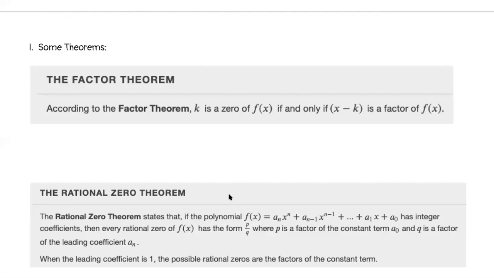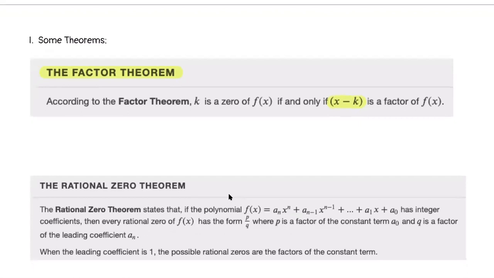All right, the first one we covered is the factor theorem. Okay, so according to the factor theorem, k is a 0 of f of x if and only if x minus k is a factor. All right, so k is a 0 of f of x if and only if x minus k is a factor of f of x.